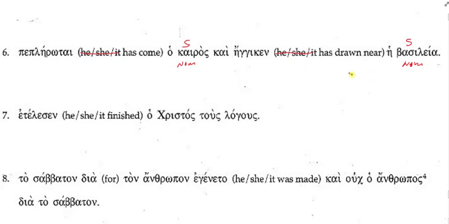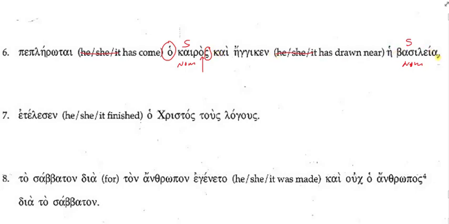Okay. Notice that ho kairos is what declension pattern? Second, because of the omicron, and the gender fits the masculine that we've supposed. We've got a matching article, ho, it's masculine, and sigma for the case ending.